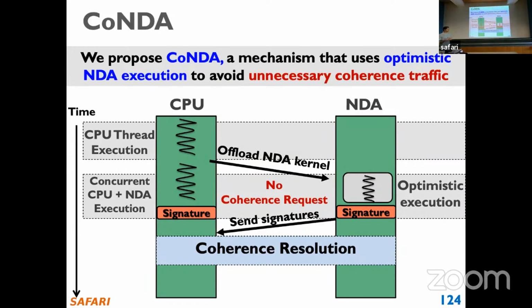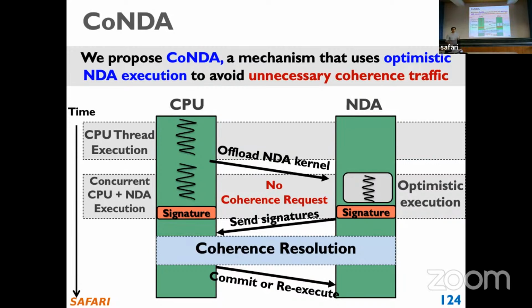However, if for some reason they modify data in the same cache lines, they will have to resolve the coherence, and the way of doing that might be to re-execute. Re-executing means that the CPU would write back the cache lines that it modified to the memory side, and then the kernel will be executed again.